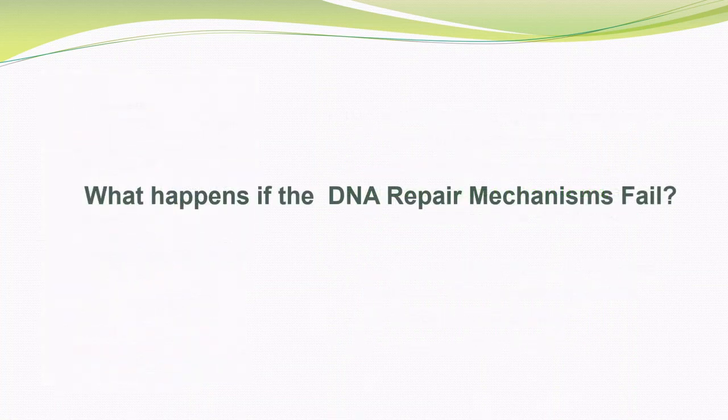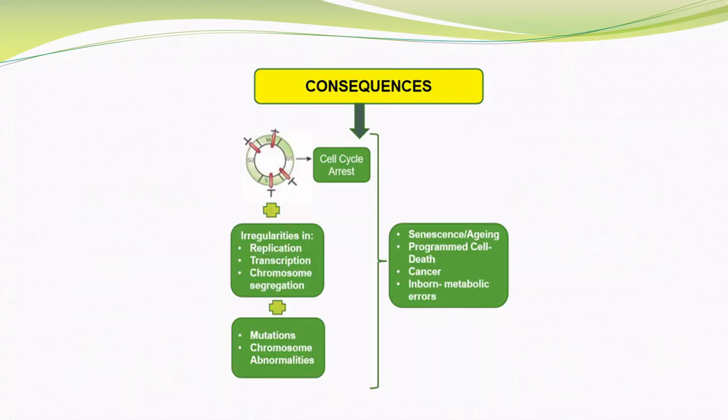Now, what happens if the DNA repair mechanisms fail? Due to the failure of these mechanisms, the cell cycle becomes irregular.